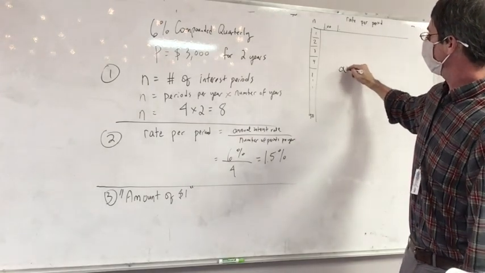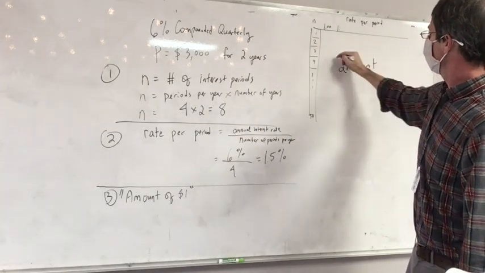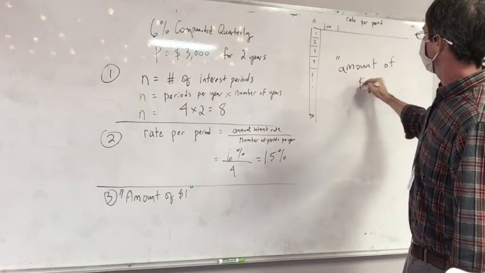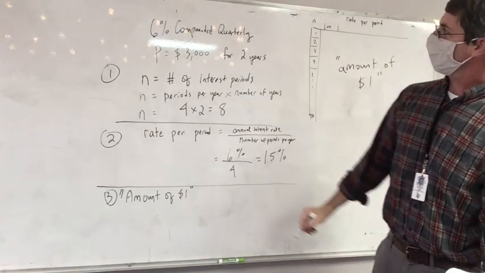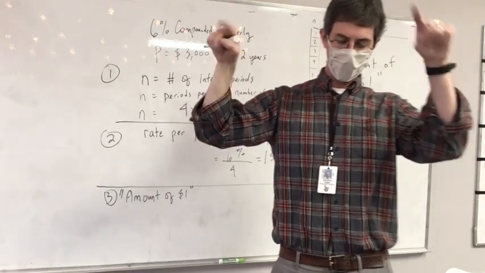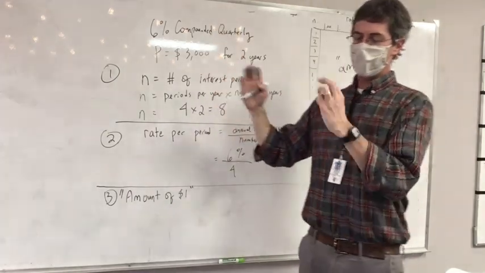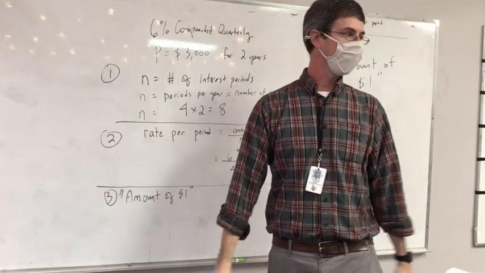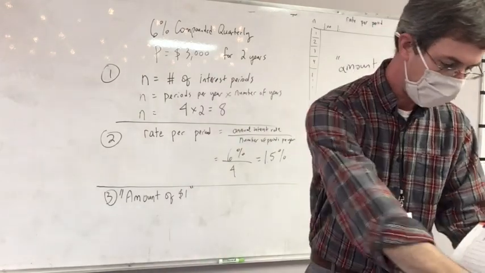Everything inside the table is the amount of $1. Again, it corresponds to solving that equation, A is equal to P times 1 plus R to the nth power, for a P of $1. Okay? So we're going to look that up in the table.